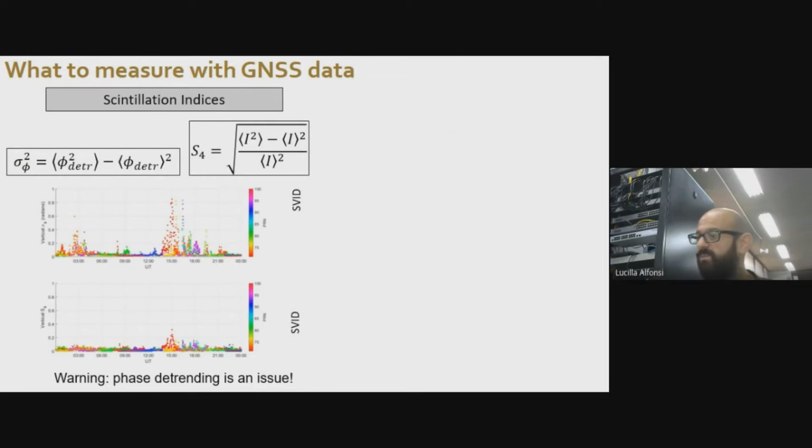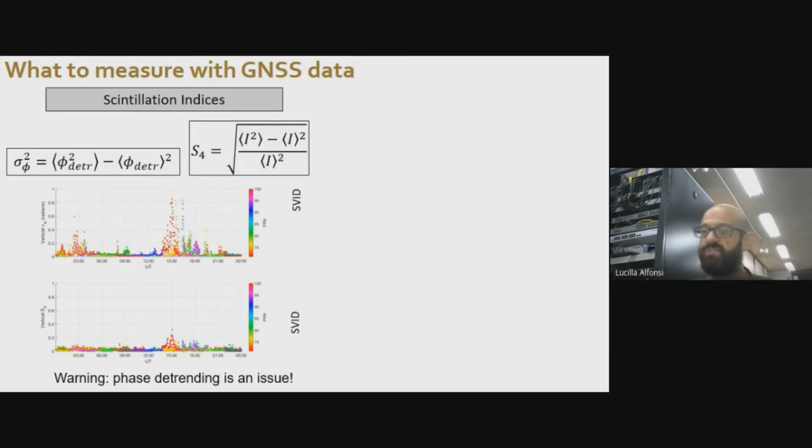Then another way to exploit the GNSS signals is the measure of the scintillation that are the effects induced on the GNSS signals by the small-scale irregularities. So we can define two different indices, one related to the phase of the signal and one related to the amplitude of the signal.